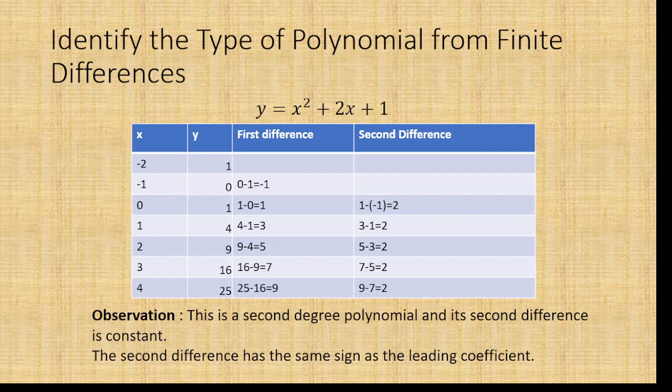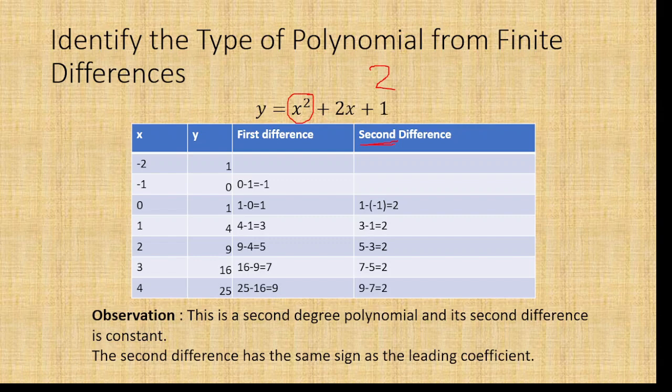If you look at the degree of this polynomial, the term which has the highest degree is x squared. So what is the degree of the polynomial here? It is 2. Since the degree of the polynomial is 2, the second difference is going to be constant. This is a second degree polynomial and its second difference is constant.